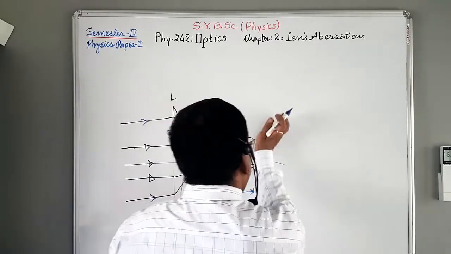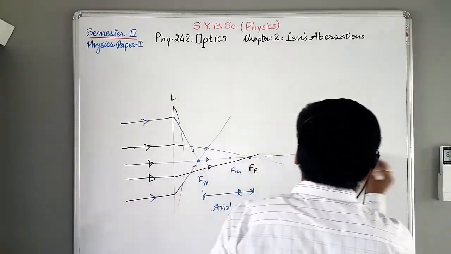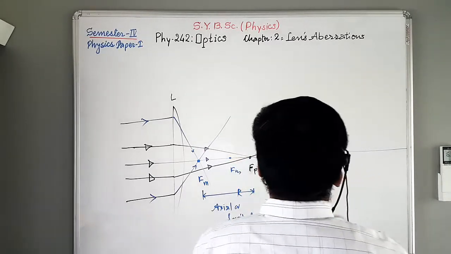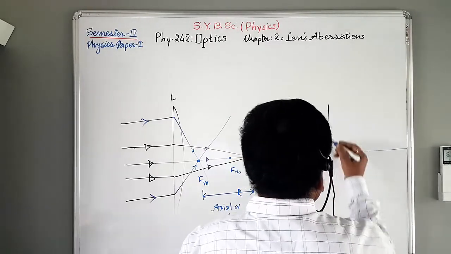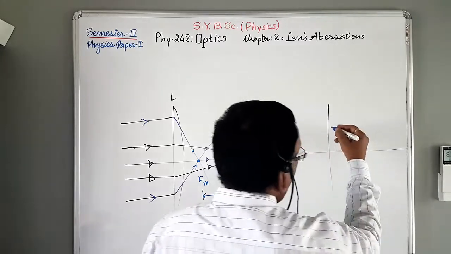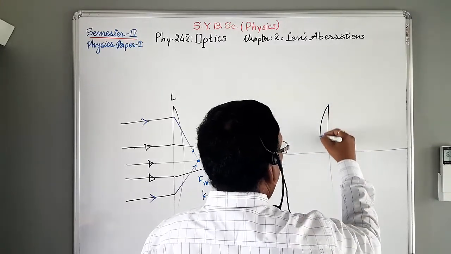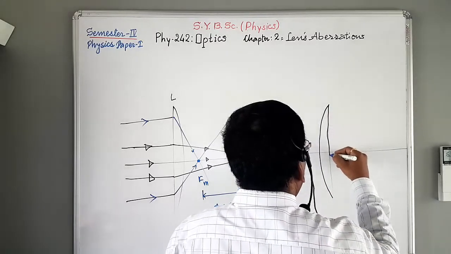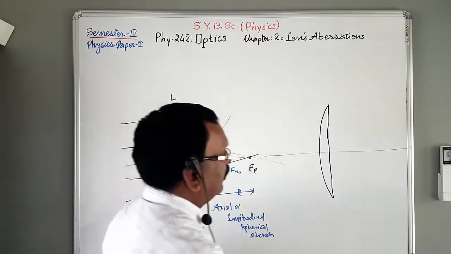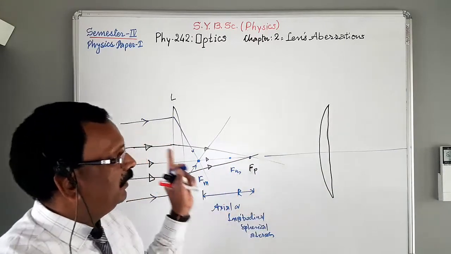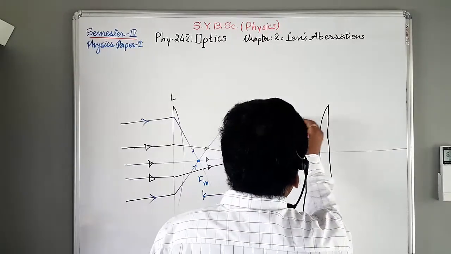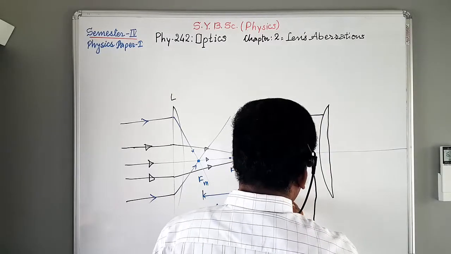Here, how does it take place? So this is again the principal axis. Now here, instead of facing the plane surface, if the curved surface of the plano-convex lens is faced to the incident rays, then what happens? See here, these are the marginal rays.